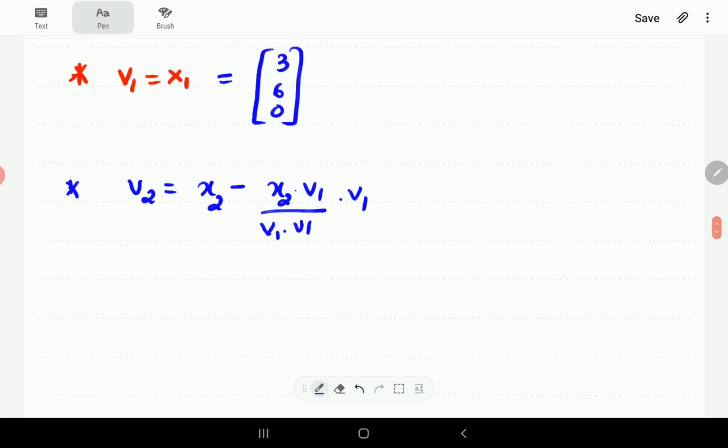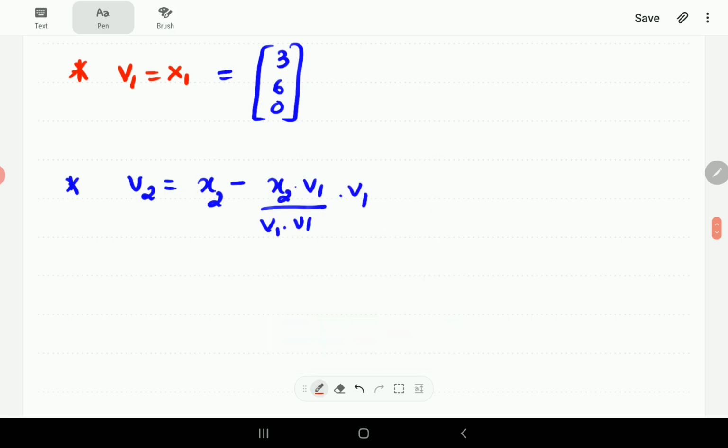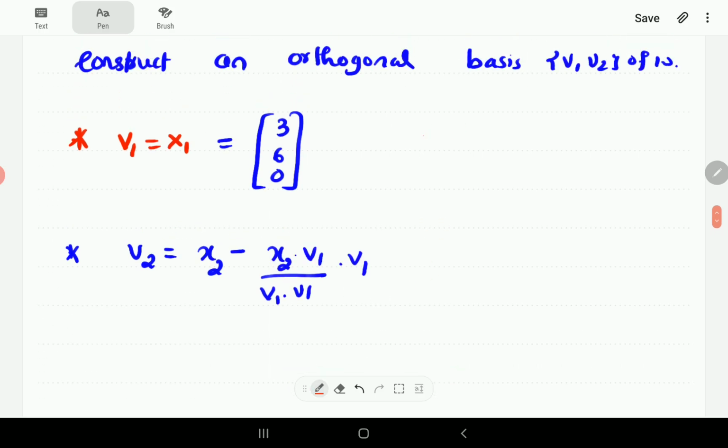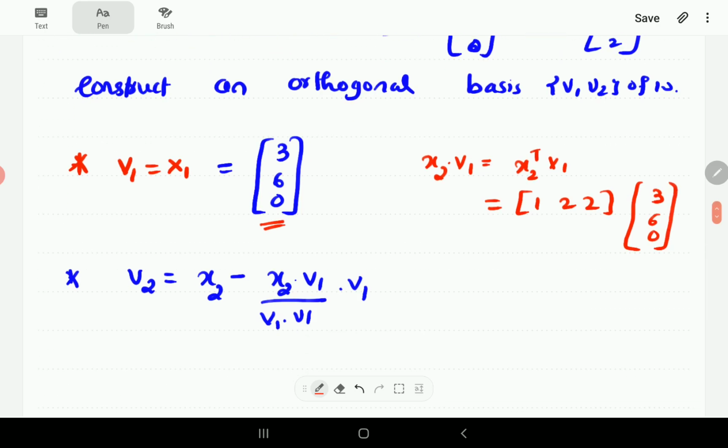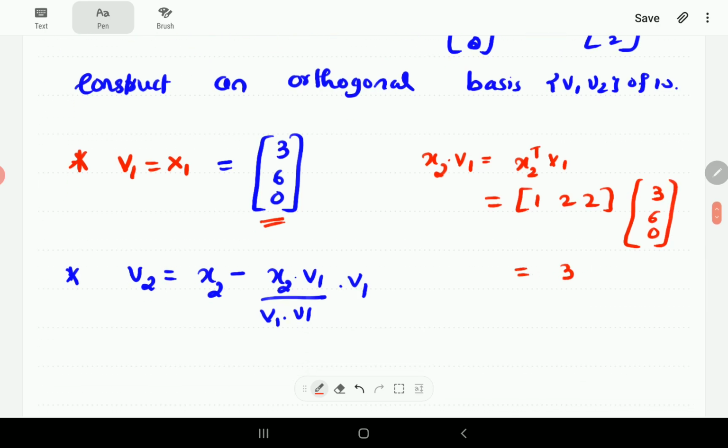To find this, we will calculate the parts separately. First we need x2 dot v1, that is x2 transpose into v1. Your x2 is 1, 2, 2 and your v1 is 3, 6, 0. This gives 3 plus 12 plus 0, which is equal to 15. So this is your x2 dot v1.